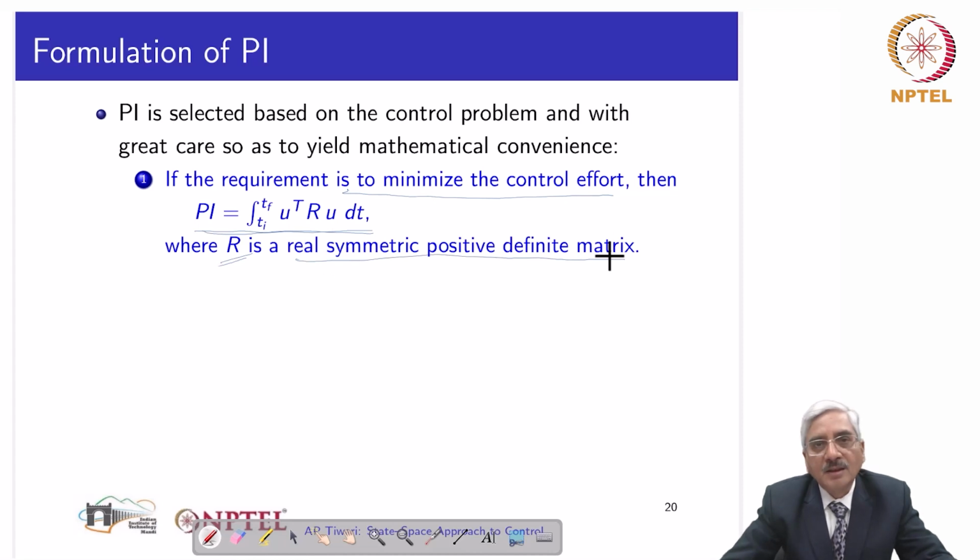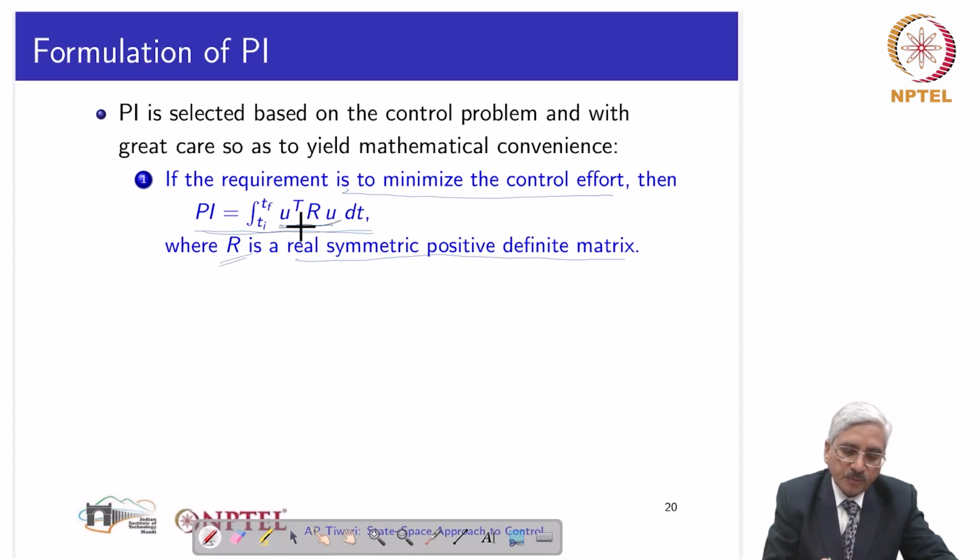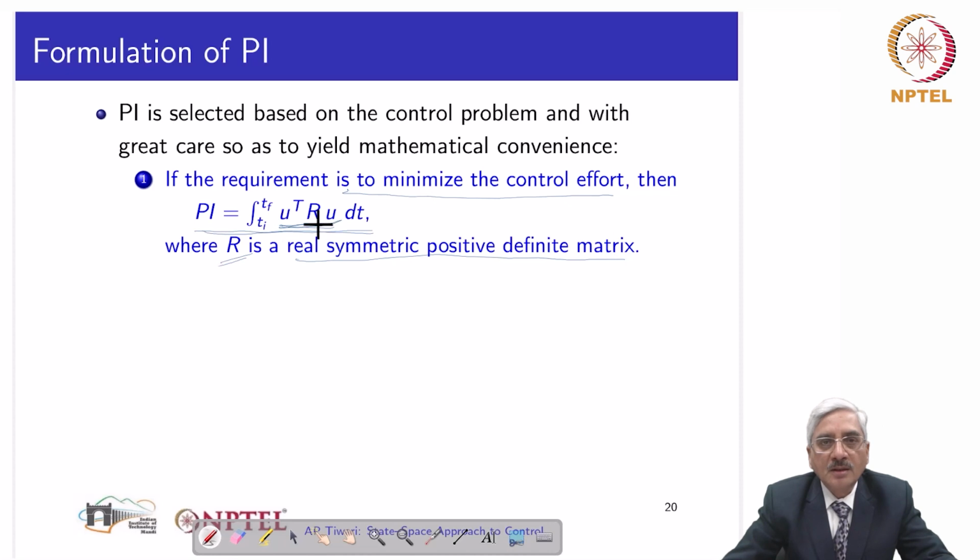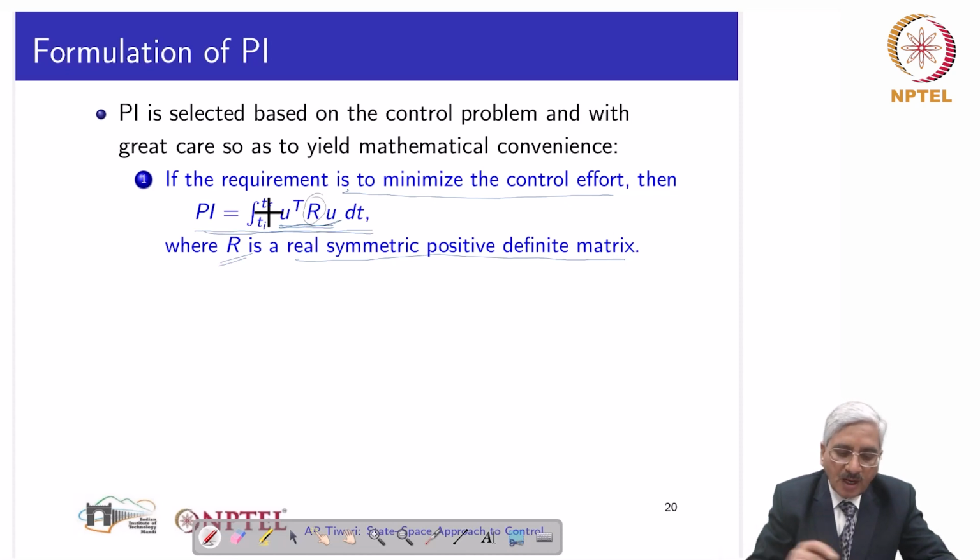We have seen when we were discussing stability in the sense of Lyapunov, we had defined the definiteness of a quadratic function, and we know that U transpose RU will be positive definite depending upon R. So if R is positive definite, then U transpose RU will be positive definite.